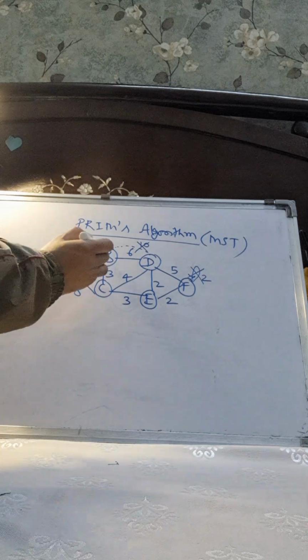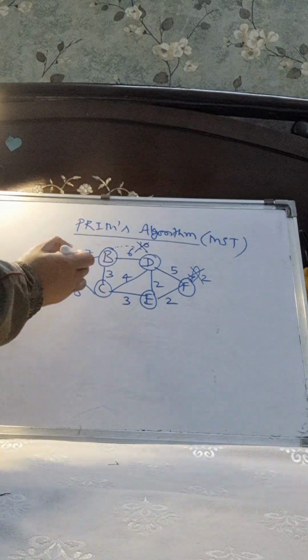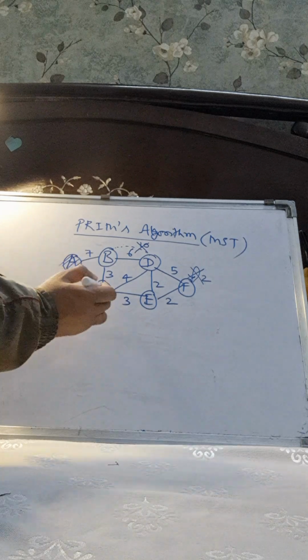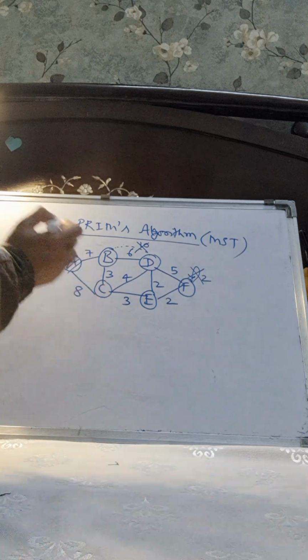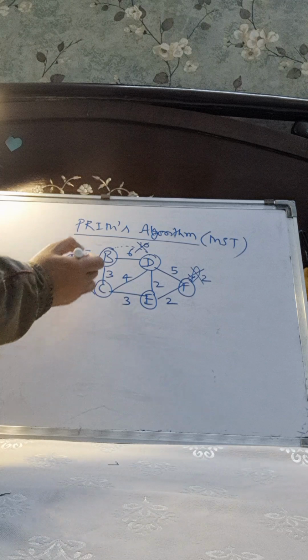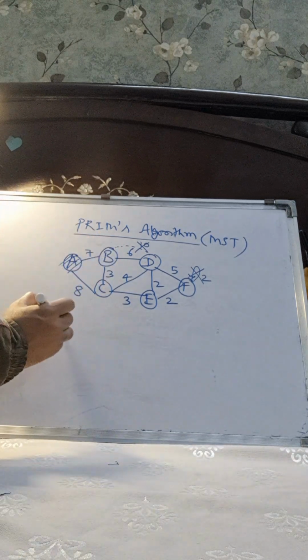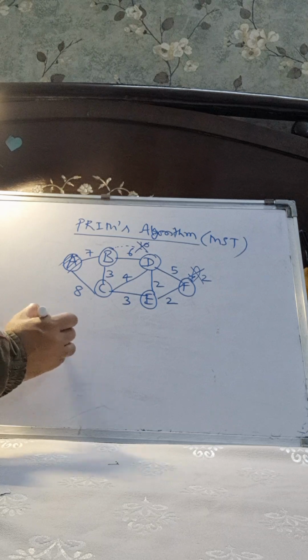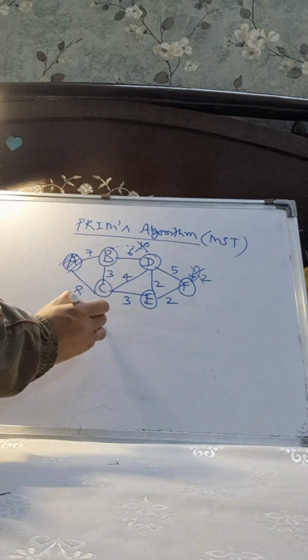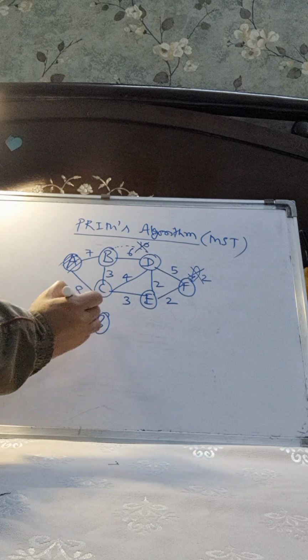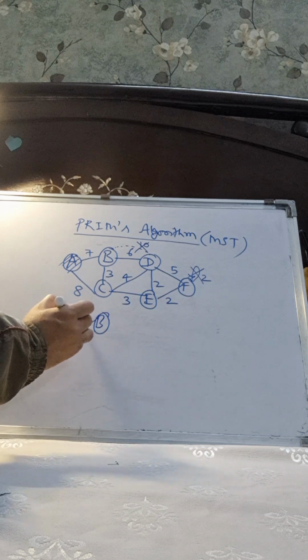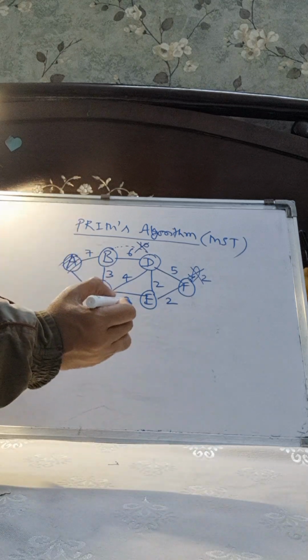From A, we have one edge to B with cost 7, and another to C with cost 8. We pick the minimum of 7 and 8, so we start with A and pick A to B as it is of minimum cost from source A.